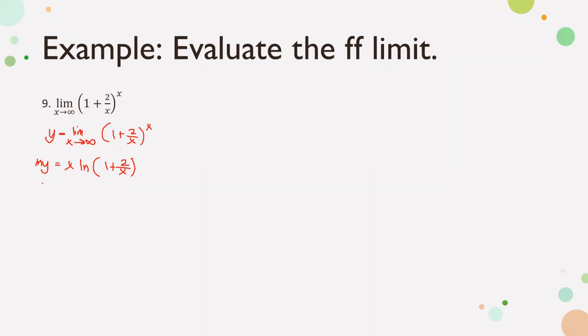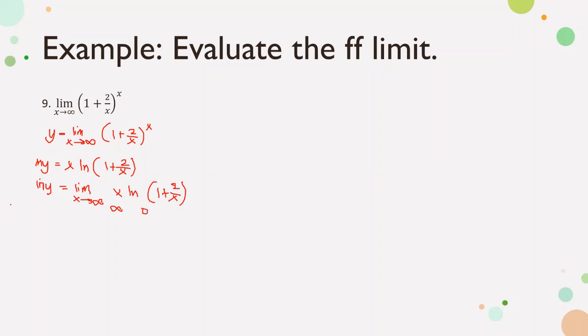After that, we have to take the limit of the right side. So we have the limit as x approaches infinity of x ln of (1 plus 2 over x). This would become infinity, and this would become ln of 1, which is 0.